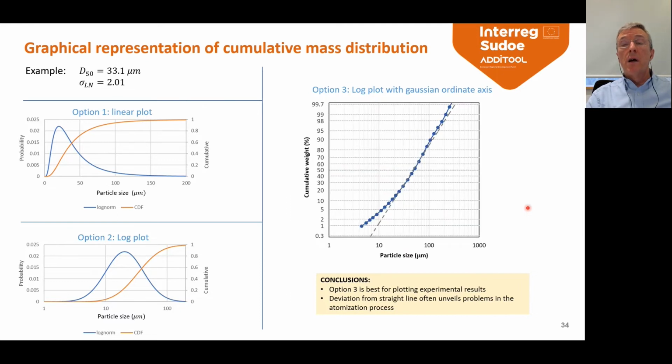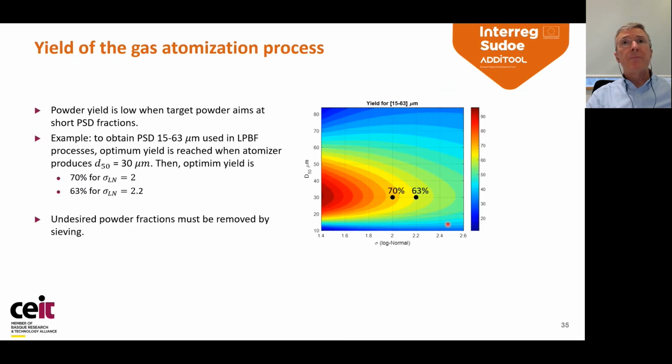This is an actual example of atomization in which you can see the blue line deviates from the gray line, indicating that there is a larger portion of fine powders in the lower region of the plot. So this might be something that needs to be studied in more detail.